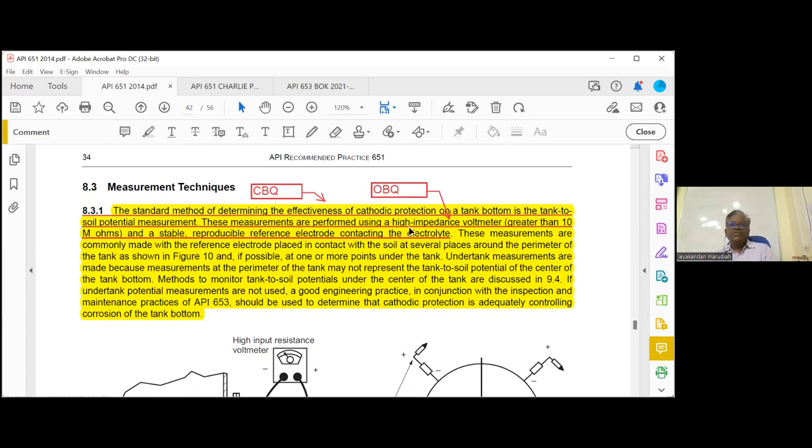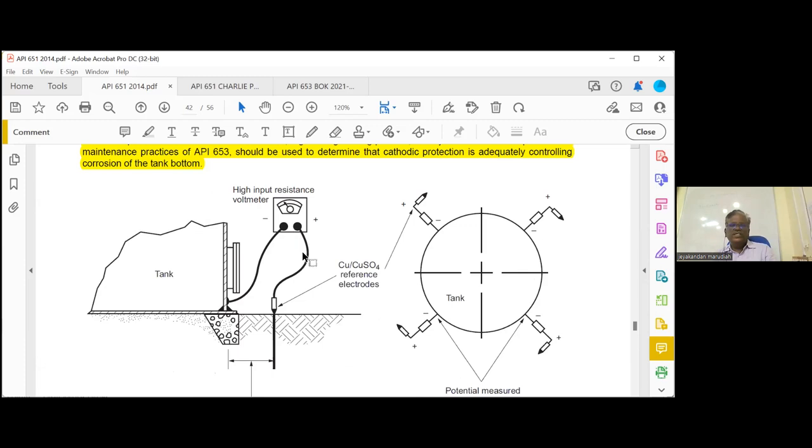These measurements are performed using a high impedance voltmeter, greater than 10 megohms. That is an open book question. And a stable reproducible reference electrode contacting the electrolyte. So you can see the sketch here. This is the reference electrode. We connect it to the voltmeter and connect another lead to the tank, and we measure the difference.